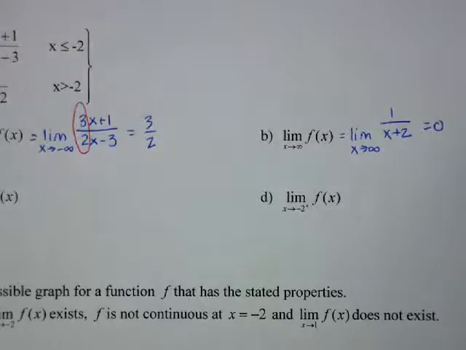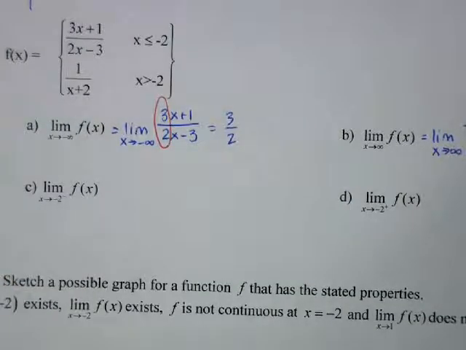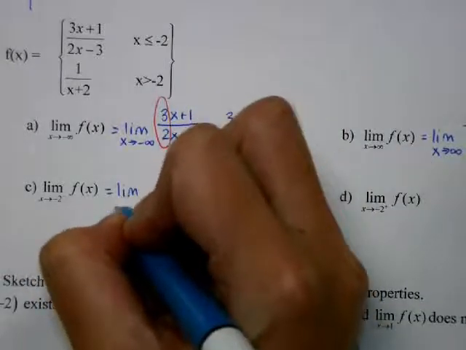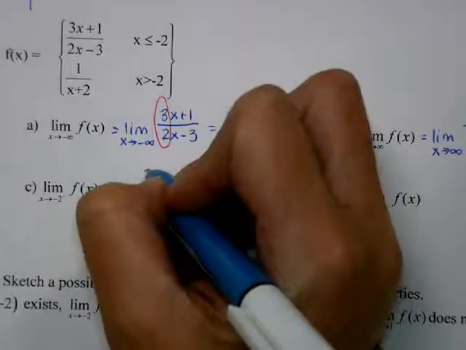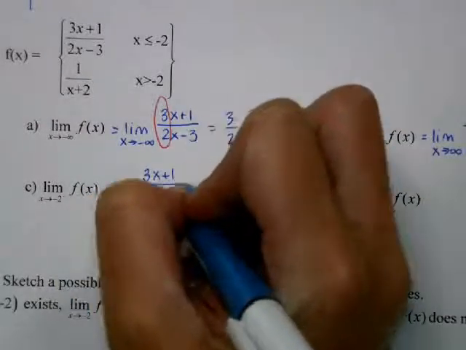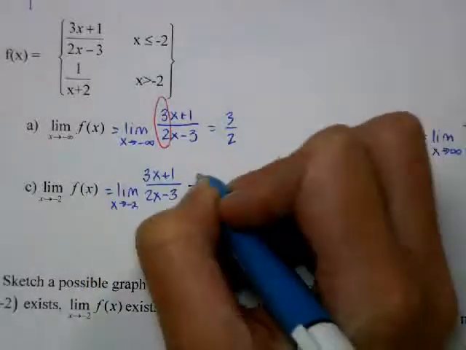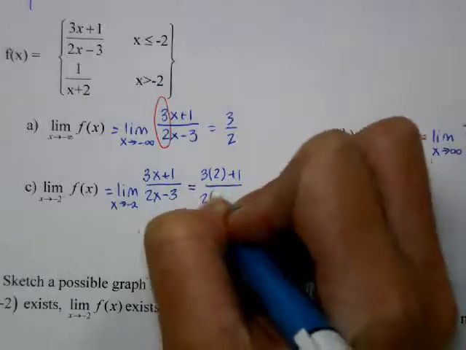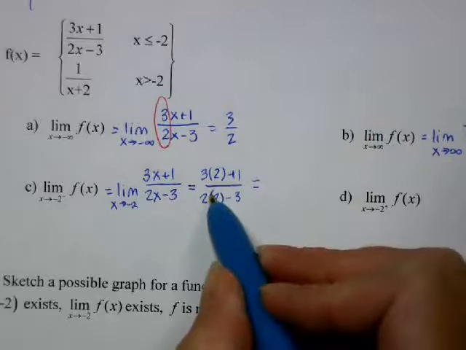Okay, now we're going to look at -2 from the negative side and from the positive side. So this will be the limit as x goes to -2 of the first one again. So that's going to be 3 times -2 plus 1 over 2 times -2 minus 3. -2, sorry.